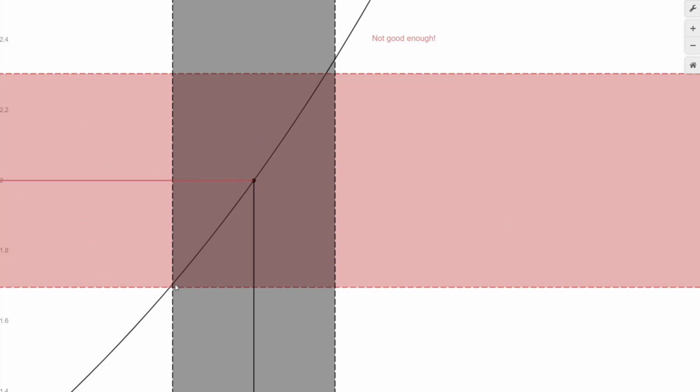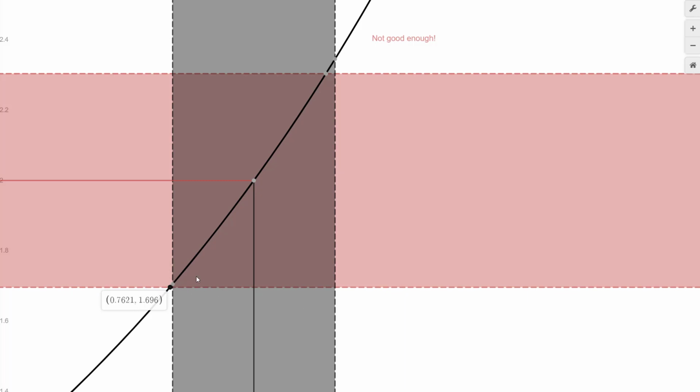And delta sub 1, which is this delta here from the midpoint, is the distance between x equals 1 and x equals 0.7621, whatever that number is.